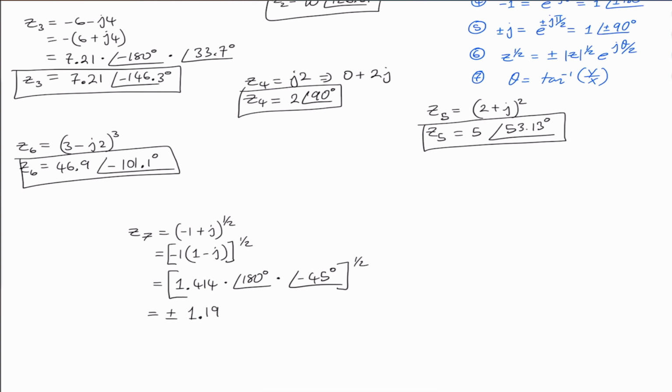If we add both angles together, the 180 and the negative 45, we get 135. And the half of that is 67.5. So we end up with an angle of 67.5 degrees. Basically here we have Z7, which is equal to plus or minus 1.19 with an angle of 67.5.